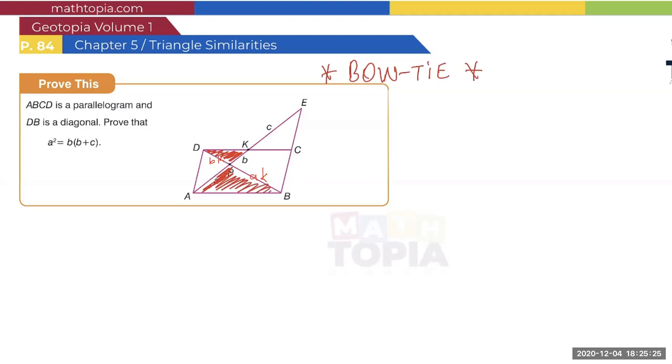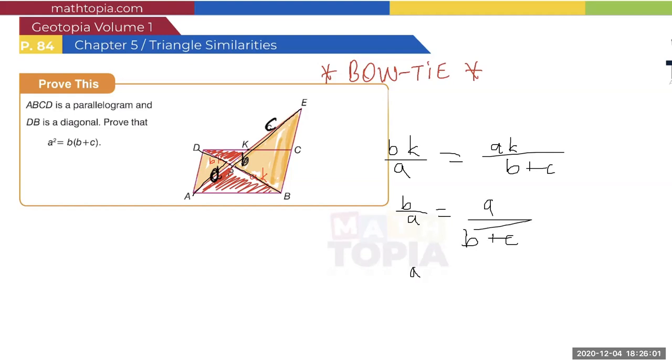And now what we can say is we compare the orange triangles and we have that BK over A is equal to AK over B plus C. A over BK is equal to AK over B plus C. And now we can divide by K on each side and cross multiply and we get the theorem. Wow. We used two bow tie triangles and we got this nice connection.